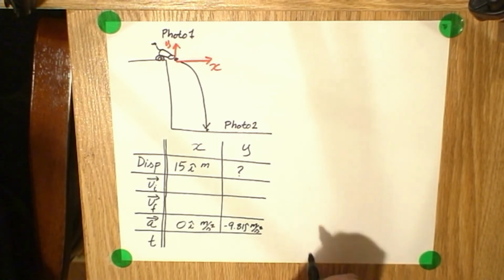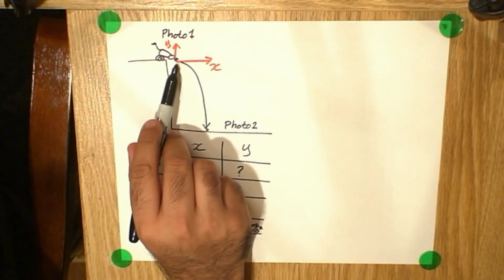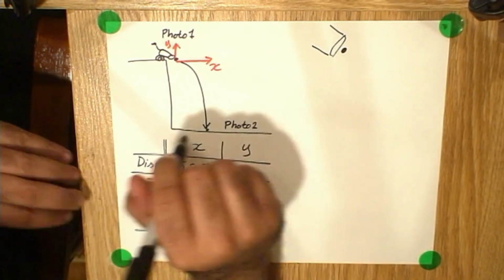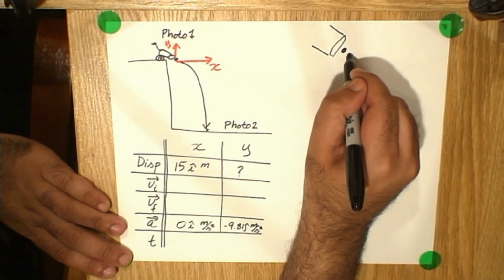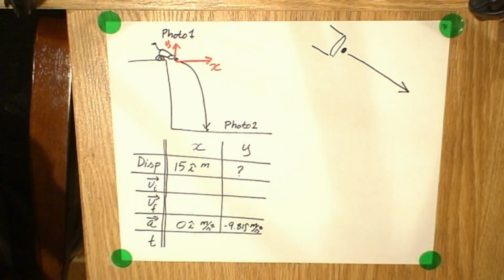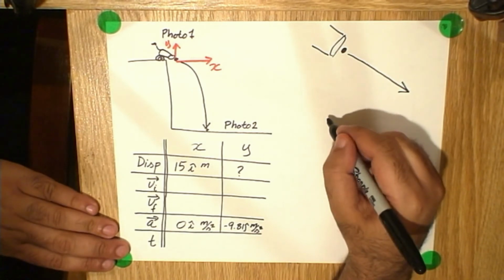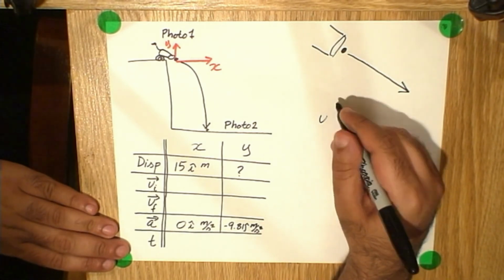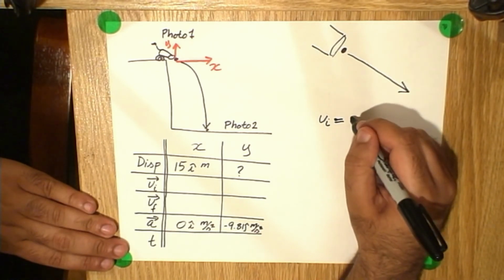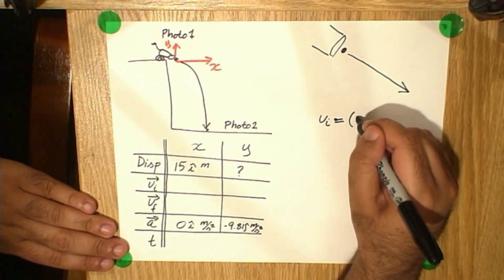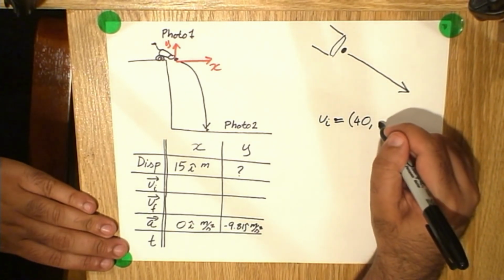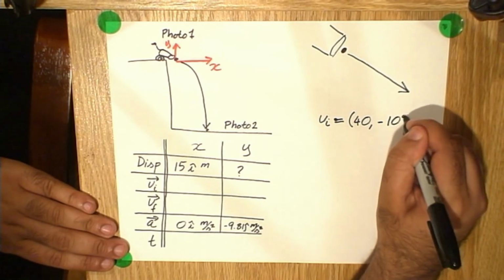Now, let's zoom in on this cannonball as it gets launched. As it gets launched, it's moving in this direction. That's the direction of its velocity. And indeed, we were told that its velocity was 40 meters per second at an angle of negative 10 degrees.